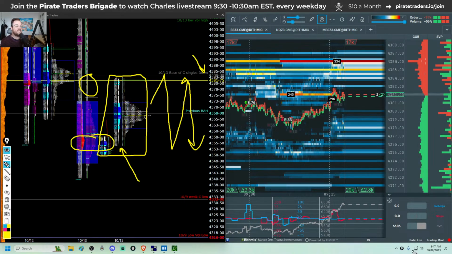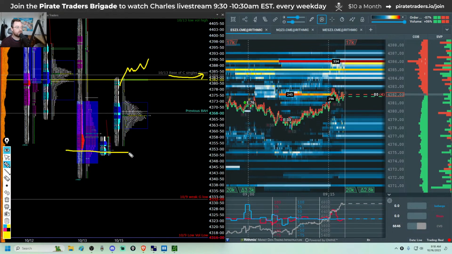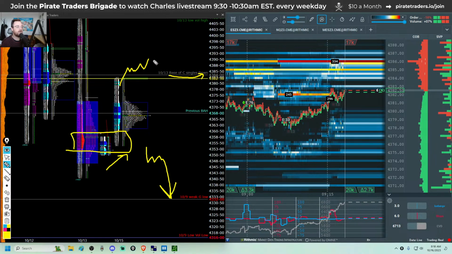But when we either get above the base of the single prints at 43.84 and I see new buyers up there, or we get below this node right here around Friday's lows, we'll call it 43.50, and find resistance, then I'll know it's time to look for trades.